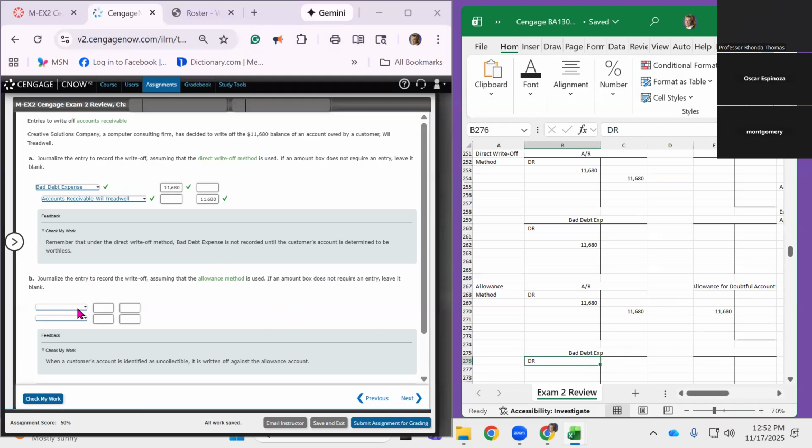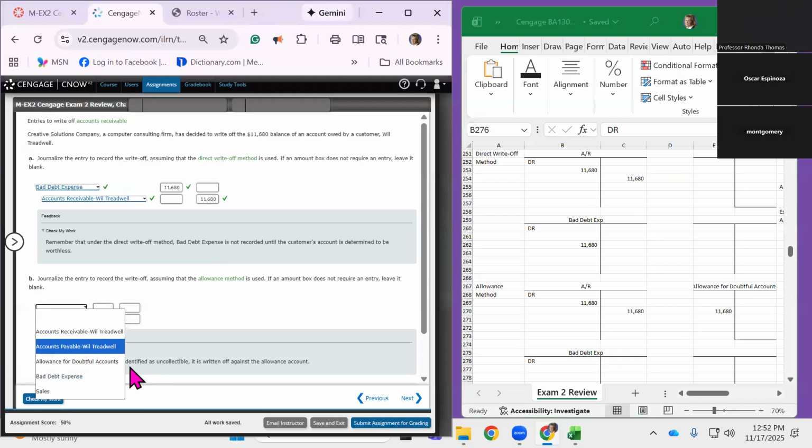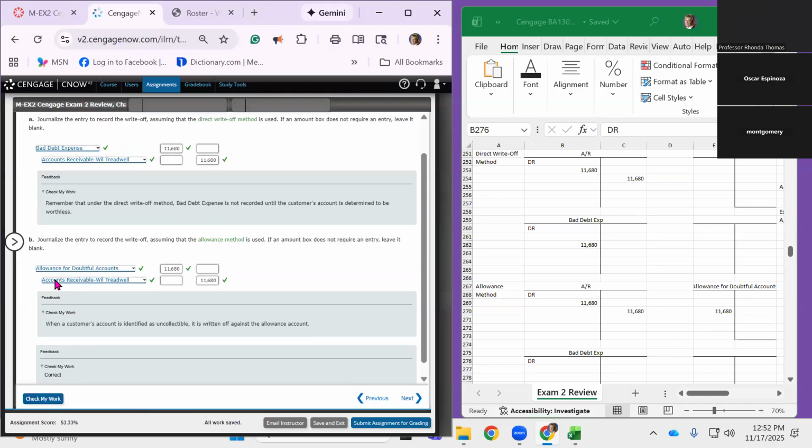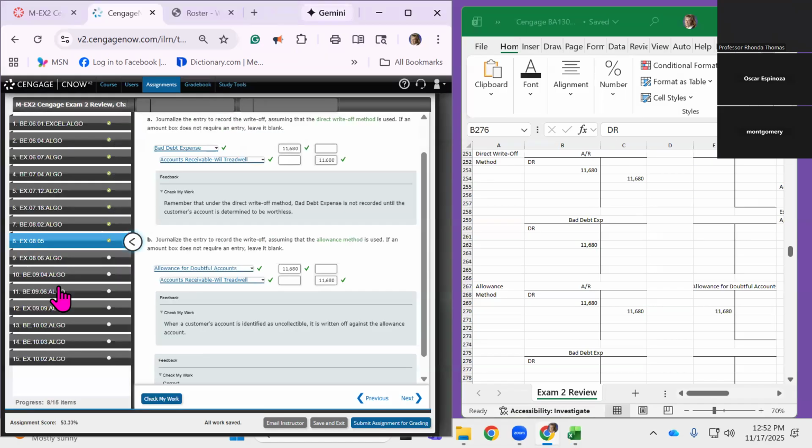That's the difference. All right, so we're going to make the allowance have a debit of 11,680, and down goes the accounts receivable or that person who the company has determined account is uncollectible.